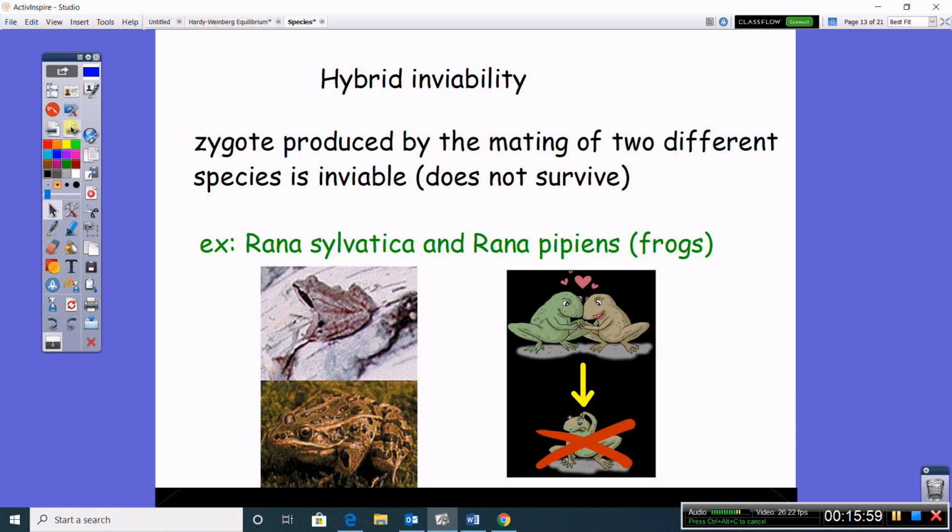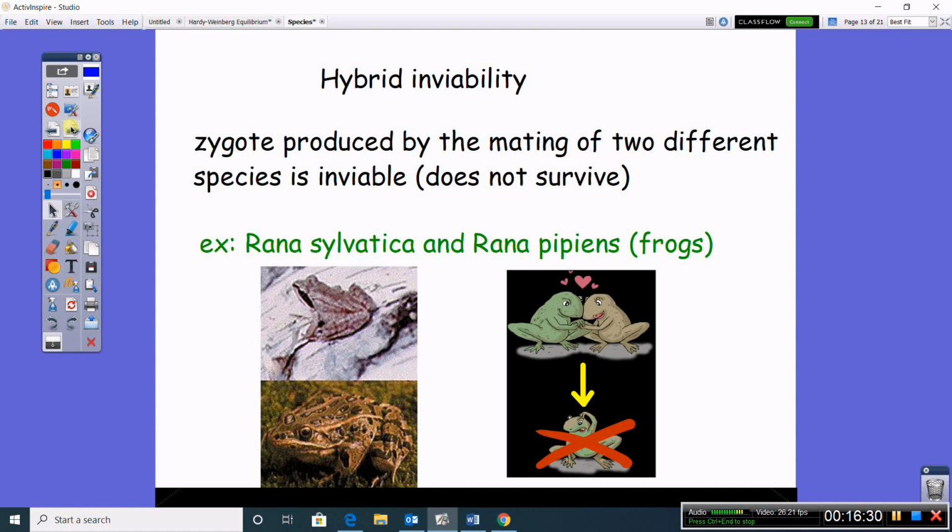Now a hybrid is what you would get if you crossed two different species together. You get a hybrid because it's not a full member of either species. So that's why these all start with hybrid. The zygote produced by the mating of two different species is inviable. It does not survive. So we see this with two closely related species of frogs called Rana sylvatica and Rana pipiens.